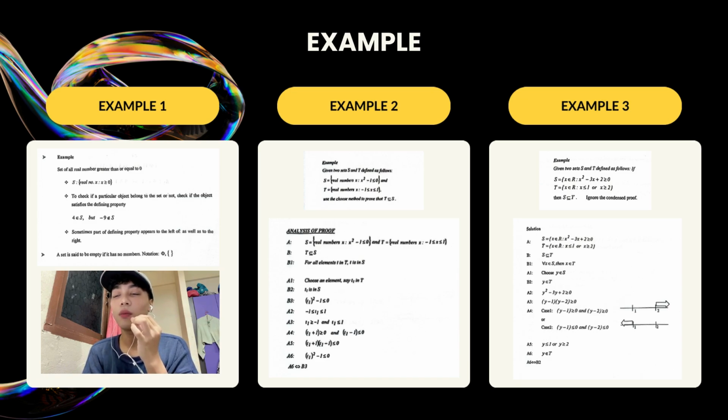A3, t1 is greater than negative 1 and t1 is less than 1. A4, t1 plus 1 is greater than 0 and t1 minus 1 is less than 0. A5, t1 plus 1 times t1 minus 1 is less than 0, and lastly A6, t1 squared minus 1 is less than 0. So the answer is A6 to B3. That's it from me.